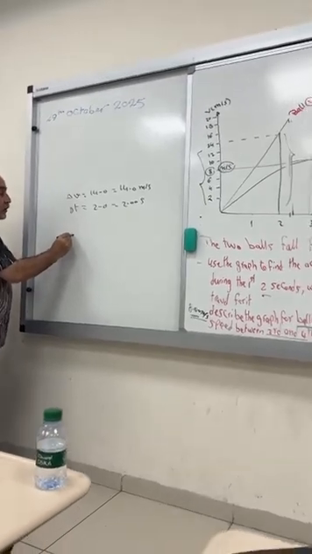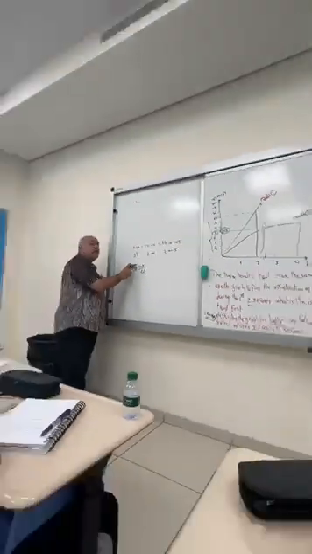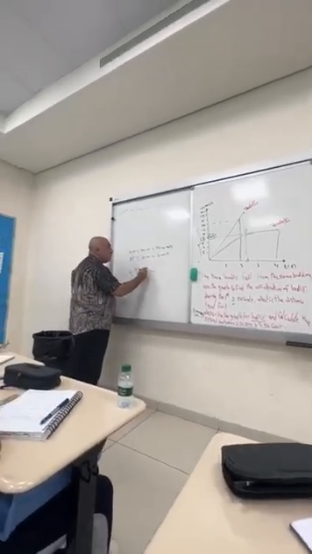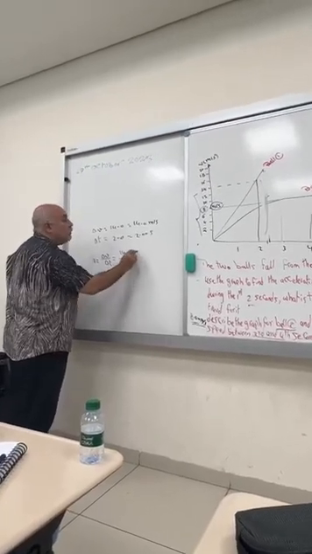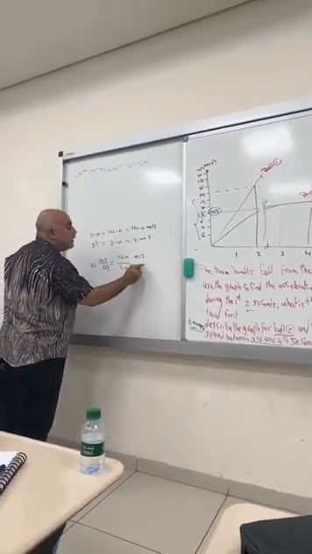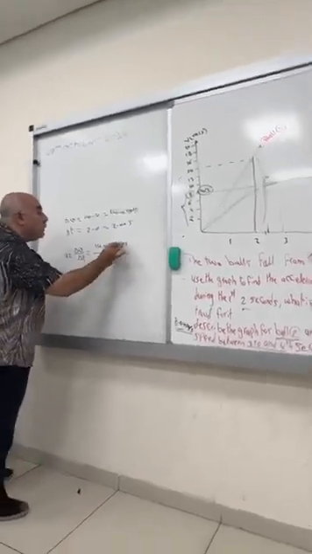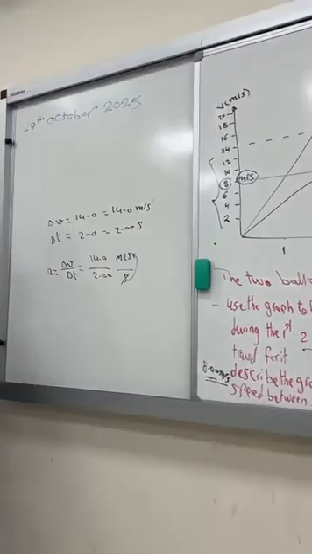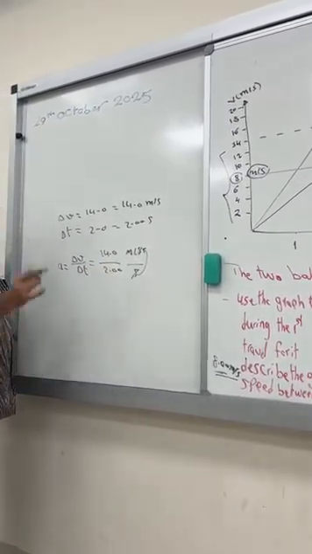So acceleration, as it asked, equals delta v over delta t, the change in velocity over the change of time. So it will be 14.0 over 2.00, meter per second, and here second, and you cancel second with second, so it goes up. Focus on this.